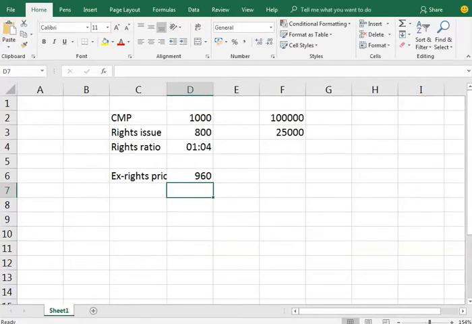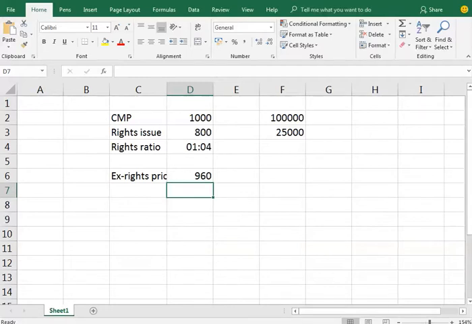If you are not doing anything during a rights issue, your wealth will become 100 into 960. In case you decide to subscribe to the issue, it will become 125 into 960 minus 25 into 800. How much is this? 1 lakh. You come back to 1 lakh wealth by subscribing to the rights issue.